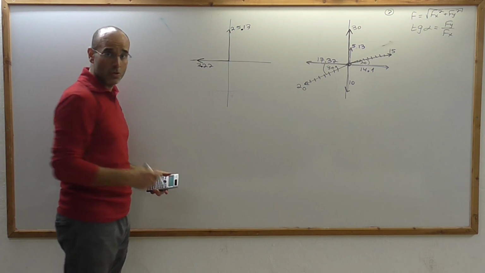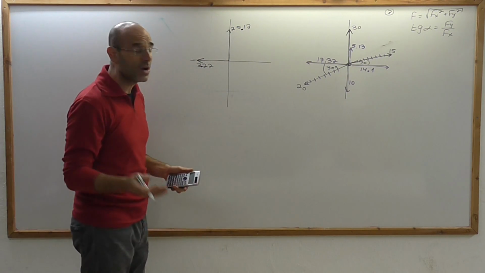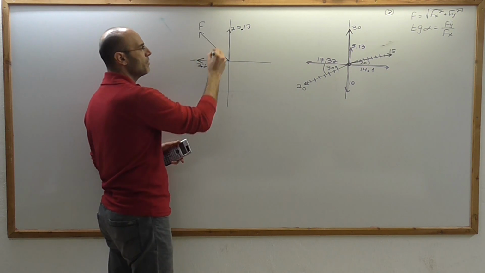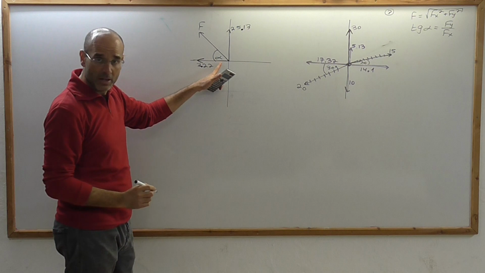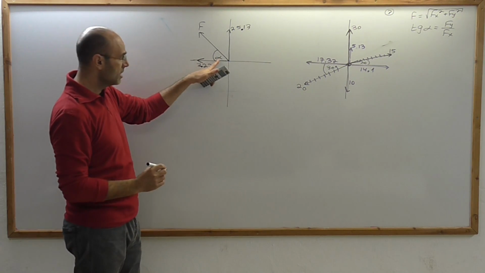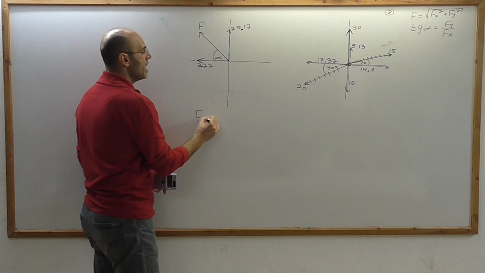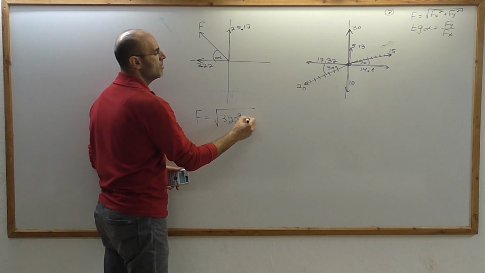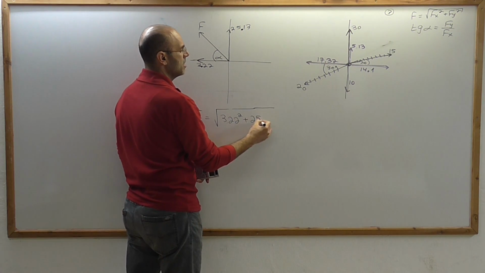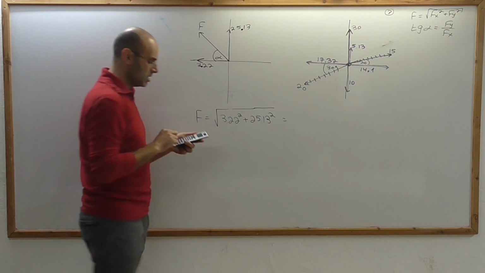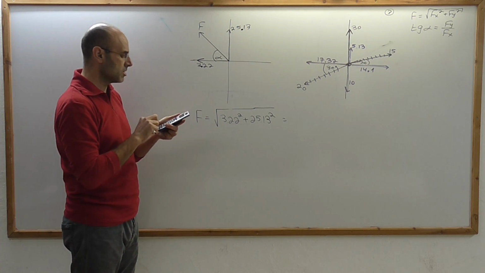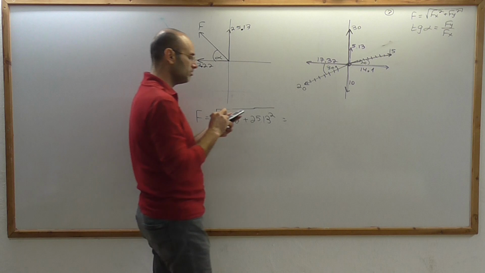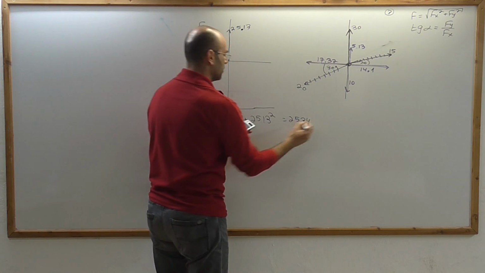So I have these two components, or these two vectors. What I want to do now is add them up. So to add them up, it will be somewhere around here. Let's call it F, and the direction always with the x pole, so we'll call it alpha. So F equals square root of fx squared plus fy squared, which is 3.22 squared plus 25.13 squared, square root, 25.34.